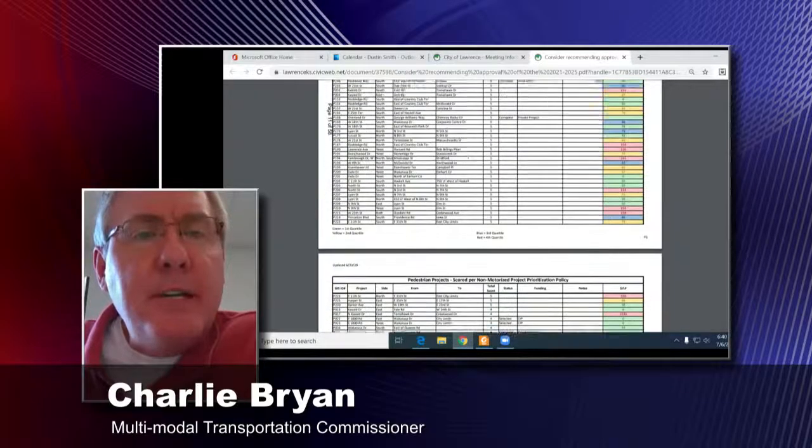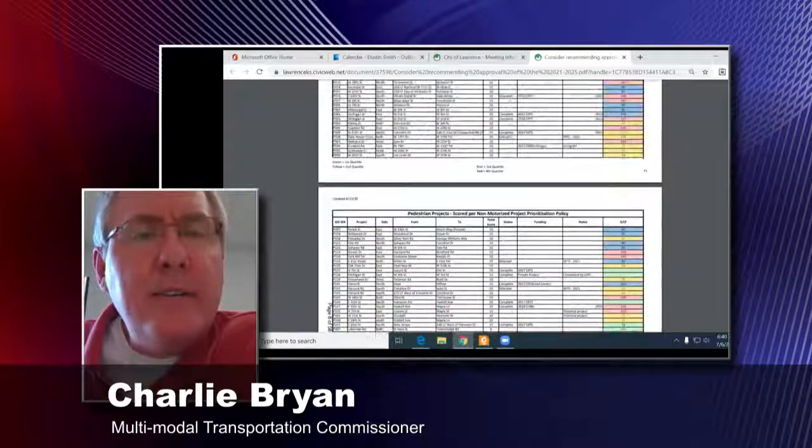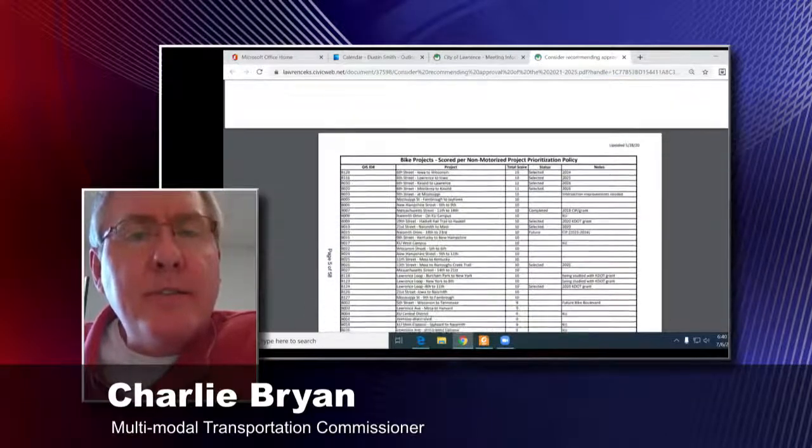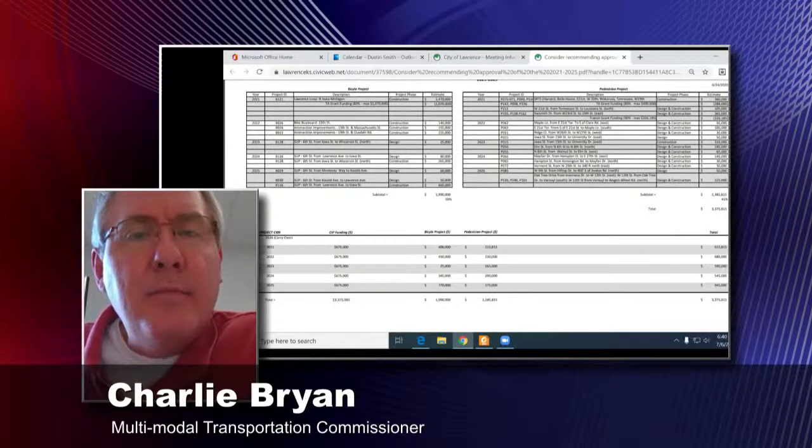But when I go to 2022 and I see the 13th Street Bike Boulevard and then the intersection improvement at 13th Street and Massachusetts, it looks like it's construction.